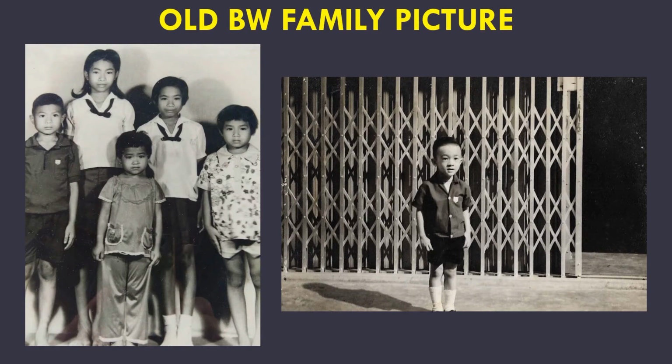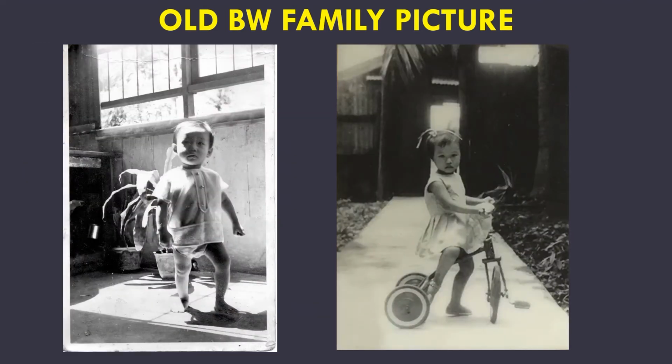So these are some examples of old black and white family pictures. As you can see here, these are real black and white pictures. And we also have here these 2 black and white pictures.